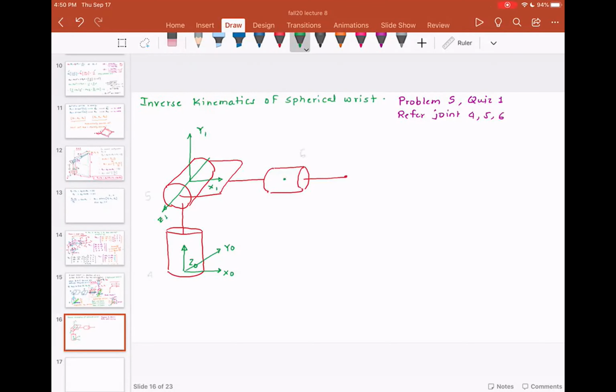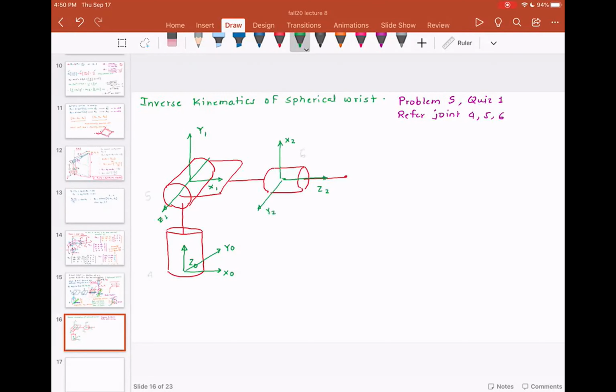This is going to be my Z2, this is going to be X2, and this is going to be my Y2.